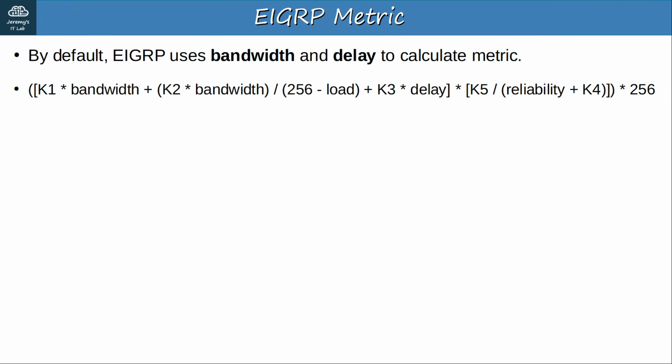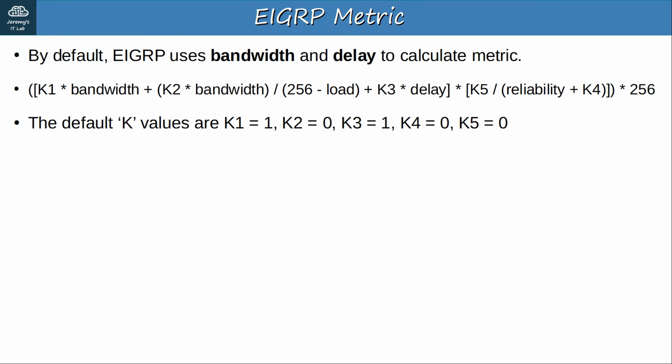Notice the K values, K1, K2, K3, K4, and K5 in the formula. The default K values are K1 equals 1, K2 equals 0, K3 equals 1, K4 equals 0, and K5 equals 0. K1 is multiplied by bandwidth, and K3 is multiplied by delay.